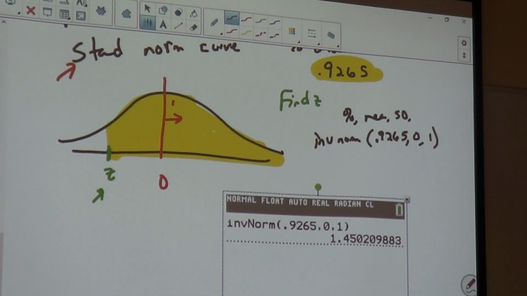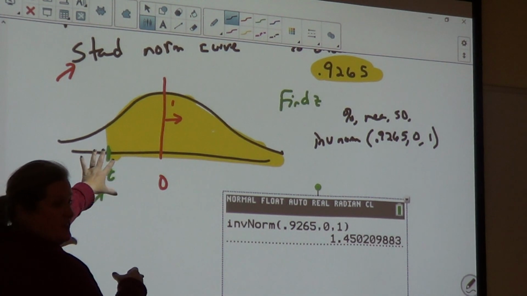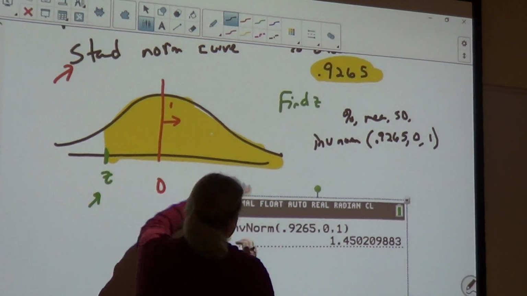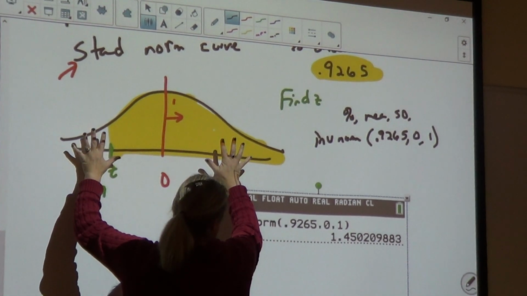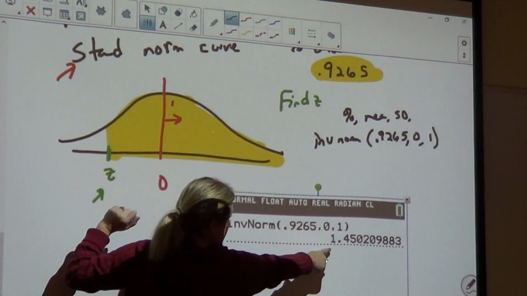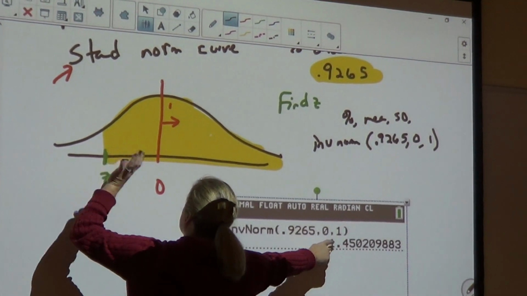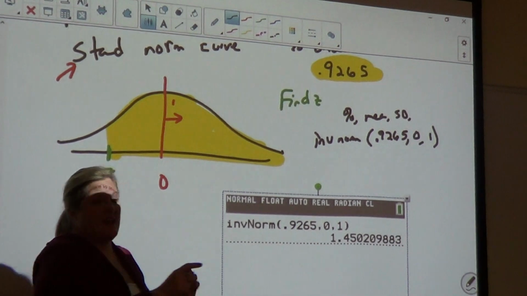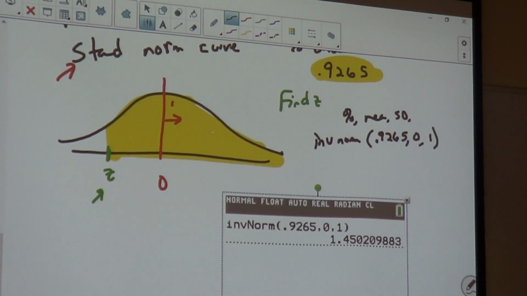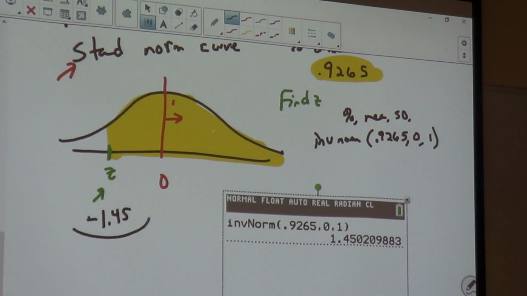What I usually do is I draw a picture or I look at the picture, and when I'm looking at my z-score, I have to ask, is it right based on my picture? Z-scores over here are positive, z-scores over here are negative. This one is on the left, so it's got to be negative. So the answer to this one is going to be negative 1.45.